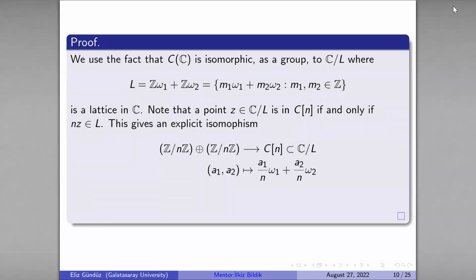So this gives an explicit isomorphism. Why is this an isomorphism? When we look at this map, the injectivity comes from the properties of the quotient, and we have the surjectivity because of the observation I just made.